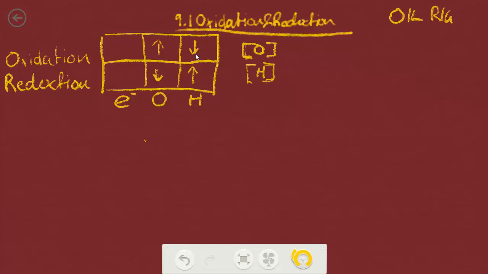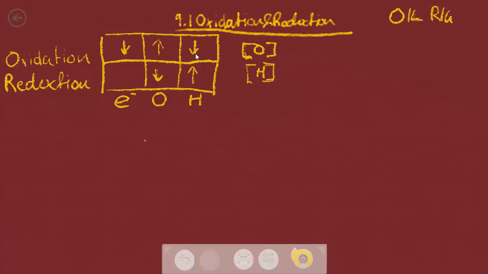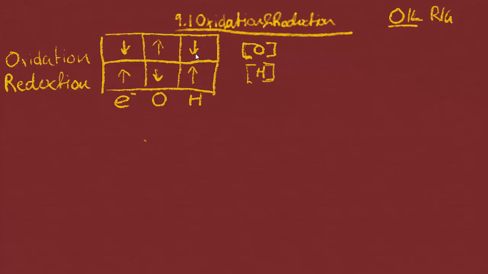Okay, next we'll be looking at how this relates in terms of electrons. So oxidation is essentially the loss of electrons, whereas reduction is the gain of electrons. A helpful mnemonic that one can use to remember this key phenomenon is OIL RIG.